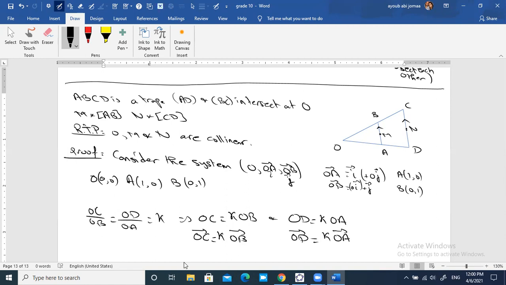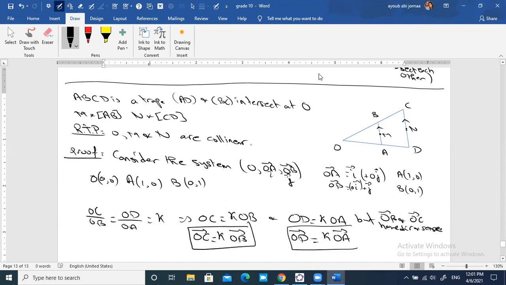Similarly for OD and OA. Is what I'm saying clear? So vector OC is equal to some constant K times vector OB, similarly for OD.